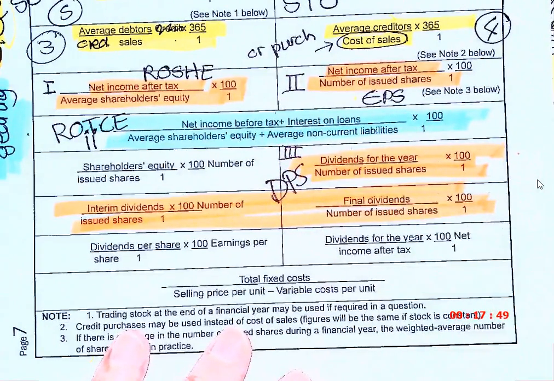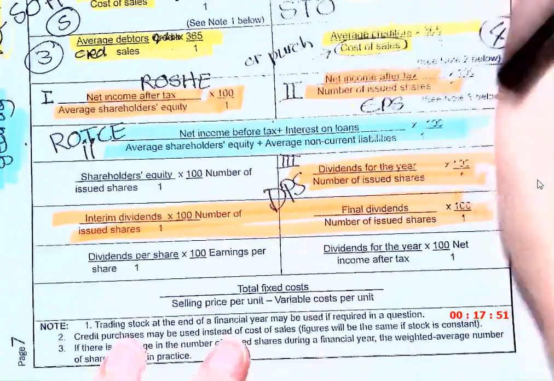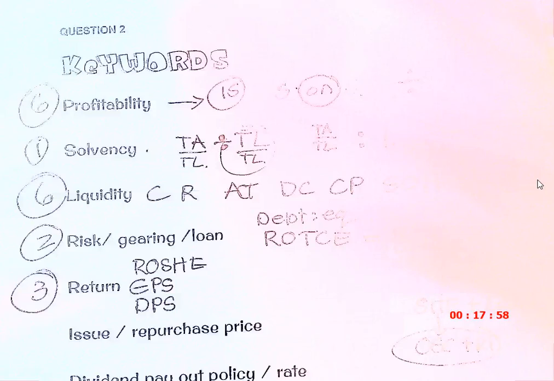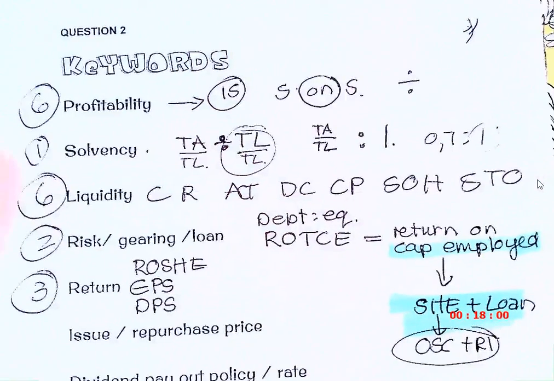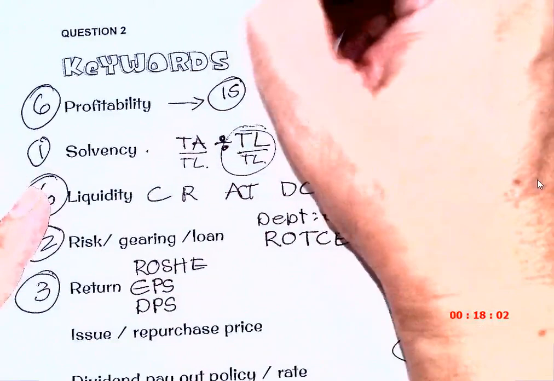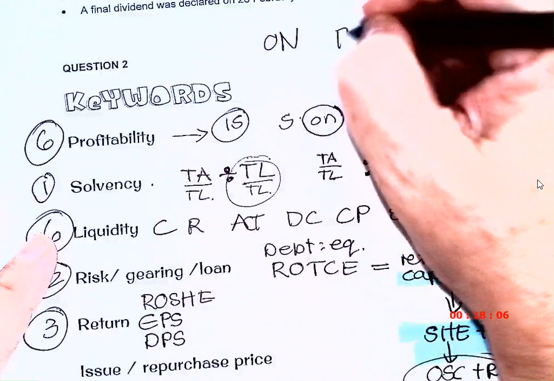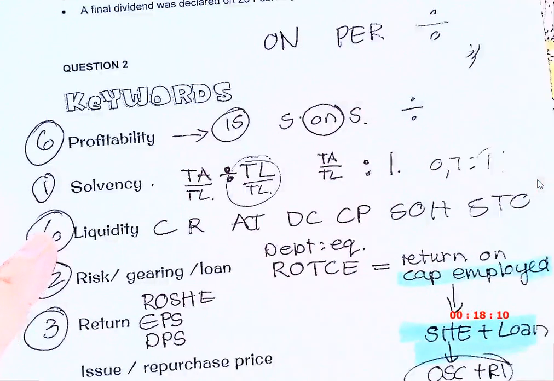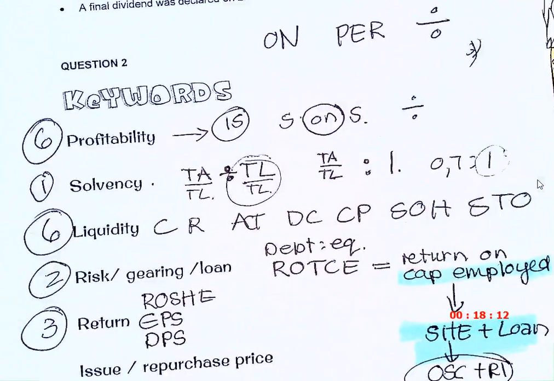Remember what I said to you when we did the "on" thing. The same is true for the "per" thing. The moment they use the word "on" or the word "per", you know you're going to divide.